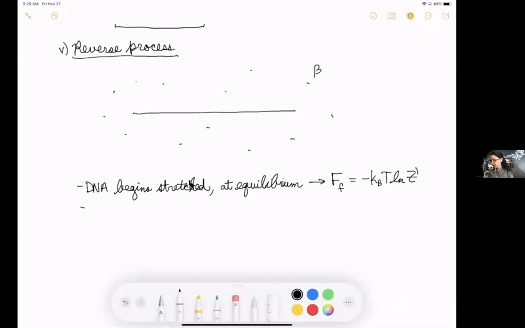We'll let the strand relax against the optical tweezers, which are implicitly here because we need for them to keep the strand stretched initially. We let the strand relax, the classical Hamiltonian of the system changes. Now, the strand performs a positive amount W of work.